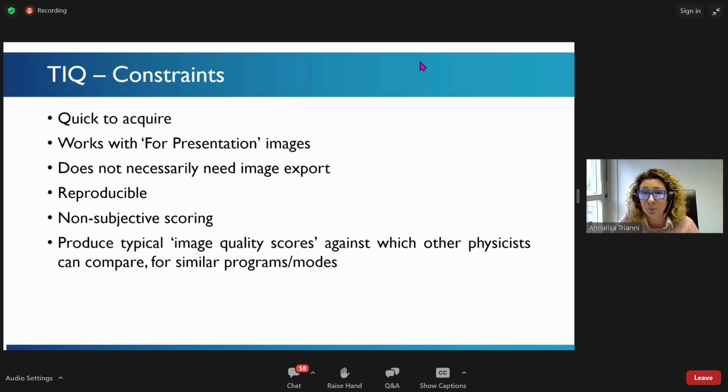They should be reproducible. The scoring should be non-subjective, so some tool like ImageJ, for example, or other home-based algorithm should be used to score the images, and typically produce image quality scores, so they can be used in constancy test.